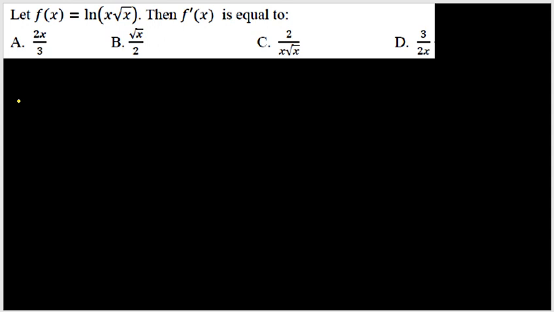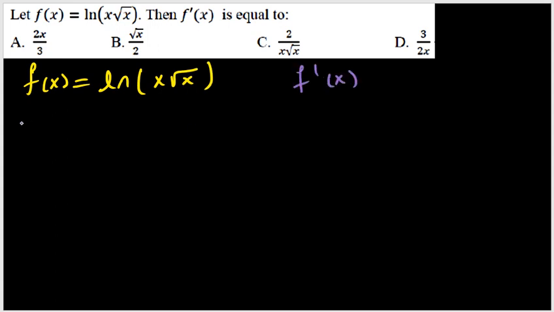Next question, we have again a function f of x, which is ln of x times square root of x. Then again we are asked to find the derivative of f of x. Here we have two functions, the outer ln and inside another two functions multiplied, so we have to apply the chain rule.